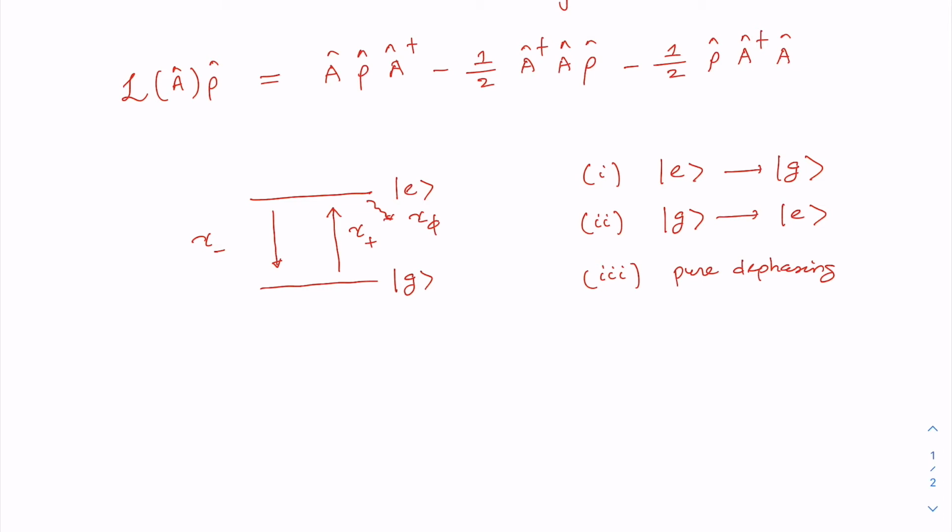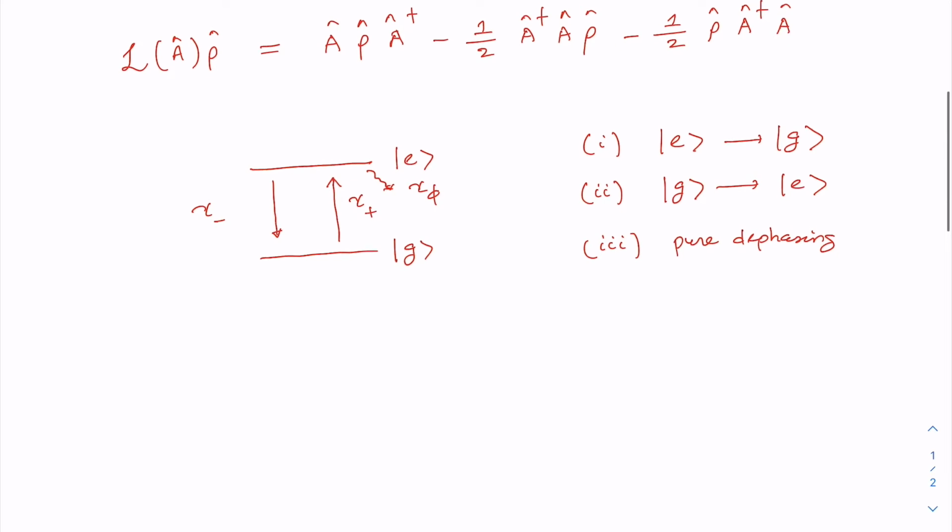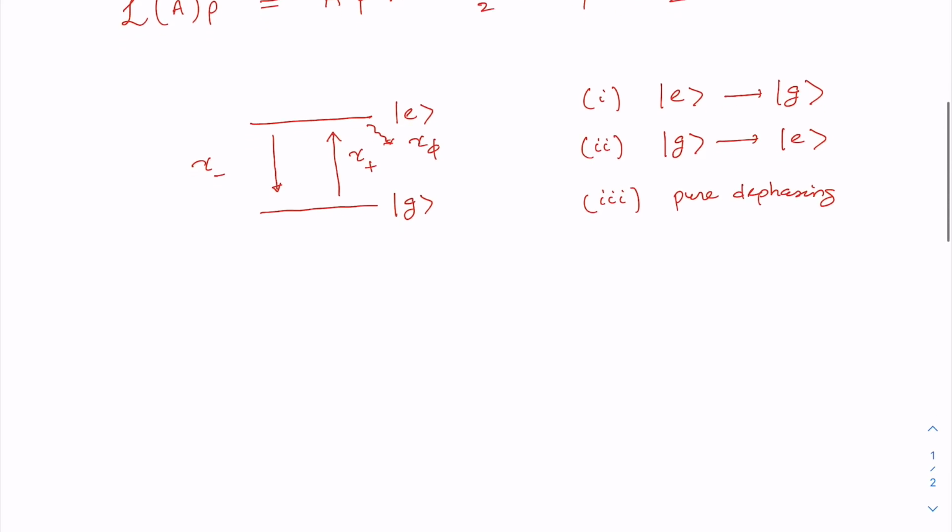So we are going to consider these three processes, and we can define a relaxation operator corresponding to these three processes. For the emission process, we have the relaxation operator a minus equal to, going from the excited state to the ground state, and this is the atomic lowering operator sigma minus, and this process is happening at the rate gamma minus.